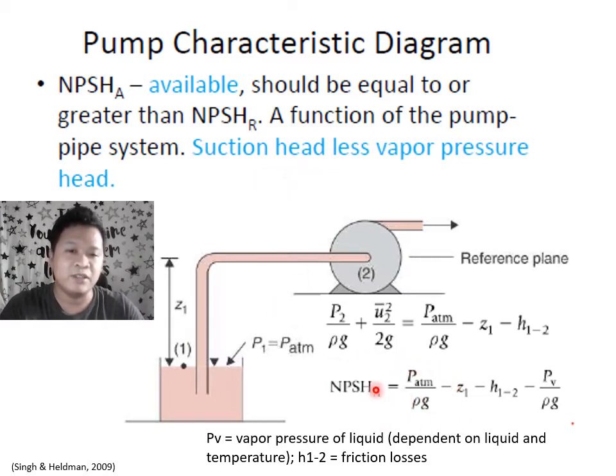as indicated in this equation. So consider this illustration where you have the reference plane, which is point 2, and then the suction side, which is point 1, which in this case is below the pump. So you have your height Z1, which is the difference from the reference plane to the surface of your suction side. Okay. Then you have the pressure at point 2 at the pump, P2.